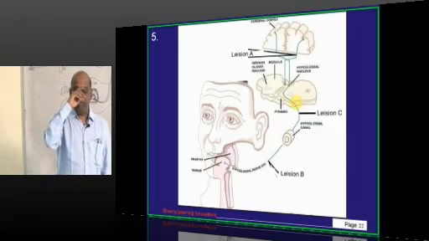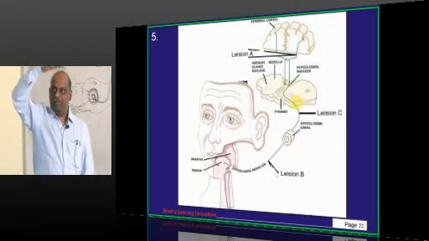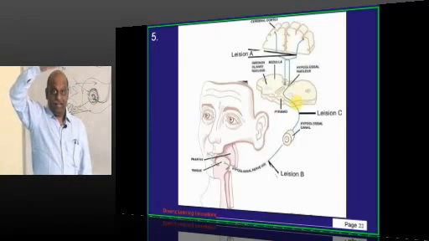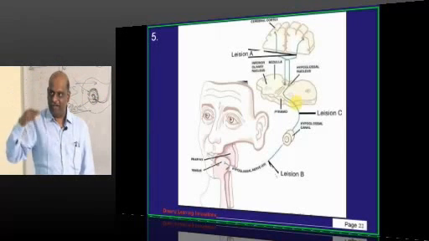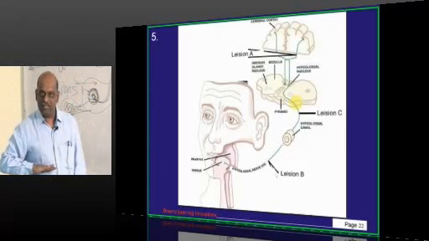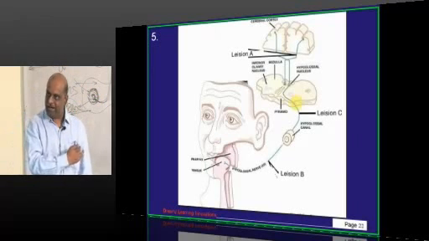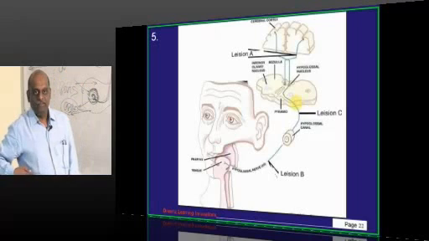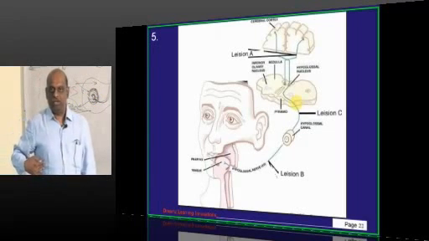So when do you call it upper motor neuron palsy? If any connection coming from the brain to the nucleus gets interrupted. In the case of anterior horn cells, even if the corticospinal tract is cut on one side, the opposite side will get what?